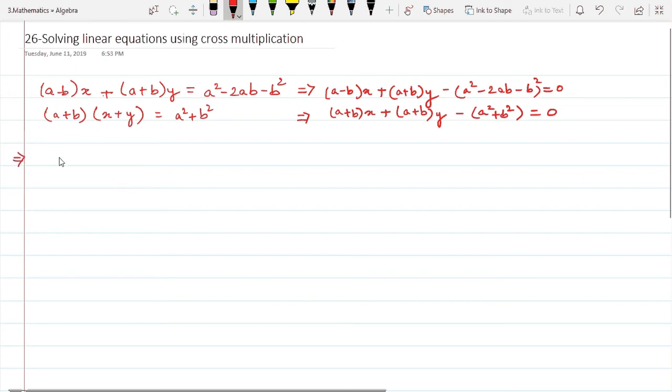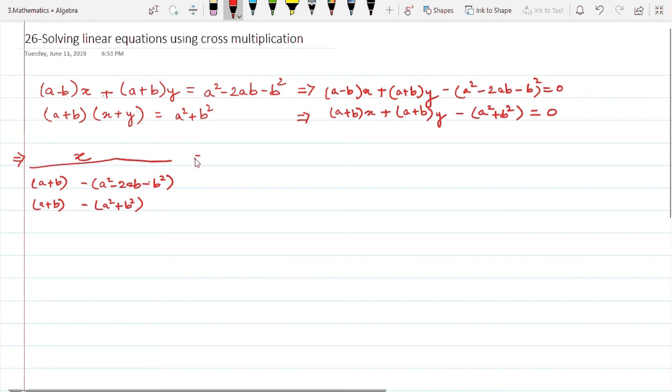So the matrix function of x will be x divided by, I get a plus b here, and a plus b here, and this will be minus of a square minus 2ab minus b square, and here it will be minus of a square plus b square.